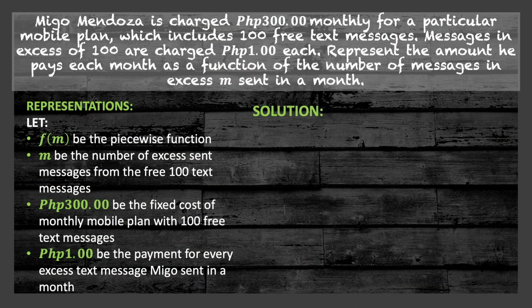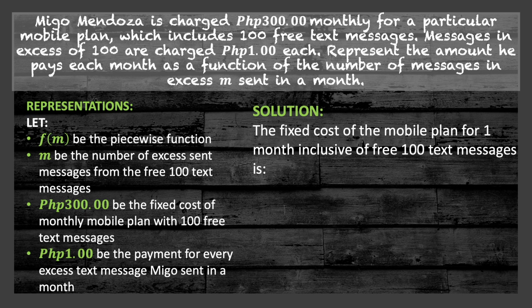Since 300 pesos is a fixed price for the mobile plan of Migo with 100 free text messages, this is represented by a subfunction f of m equals 300 pesos.